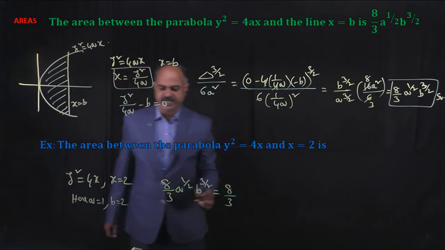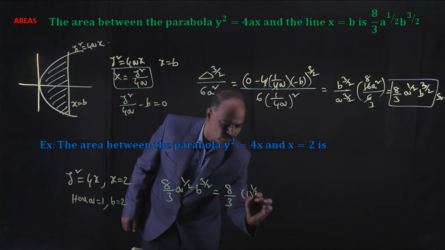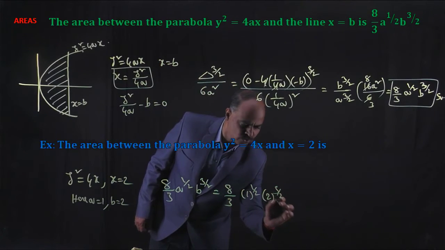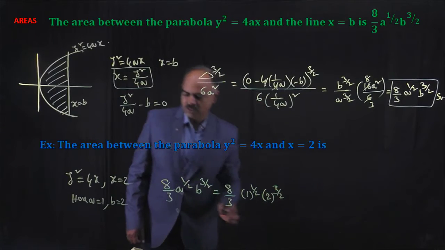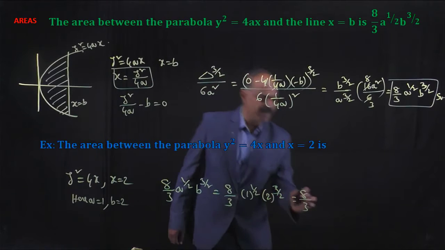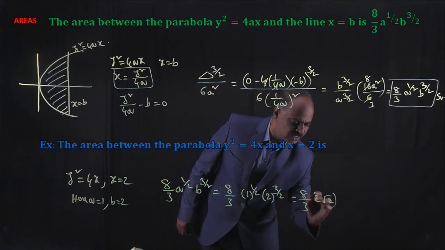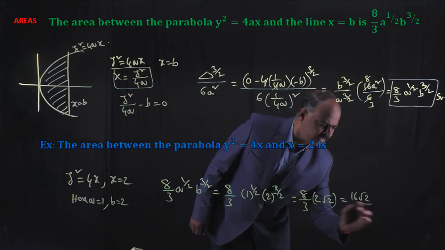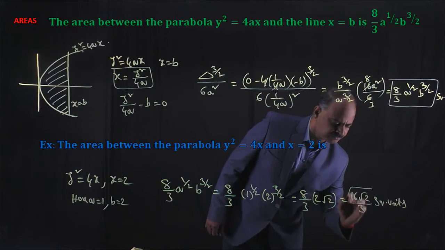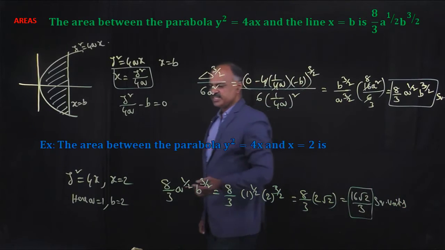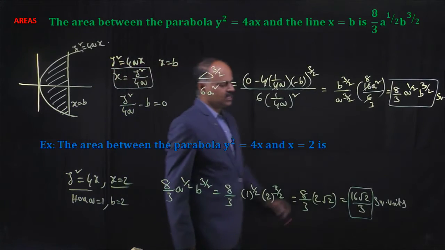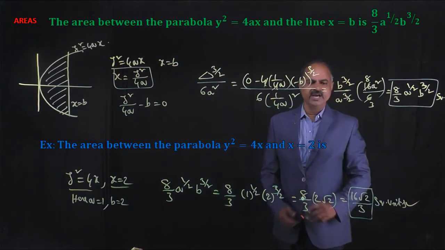So 8/3 into 1^(1/2) into 2^(3/2), and 2^(3/2) is 2√2. That is 16√2/3 square units. Therefore, the area of the region bounded by the parabola y² = 4x and x = 2 is 16√2/3 square units.